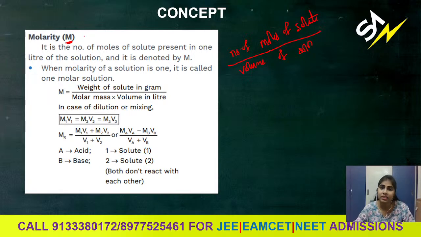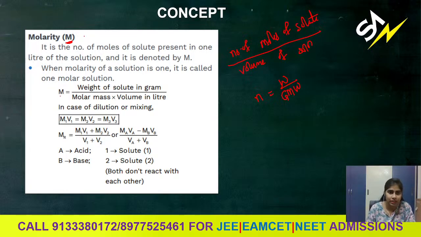You can see here how we can calculate the number of moles of solute. This number of moles of solute is calculated by weight divided by gram molecular weight of the compound.